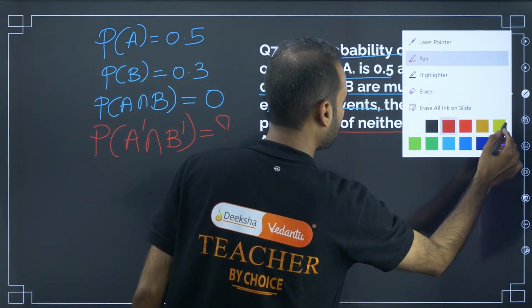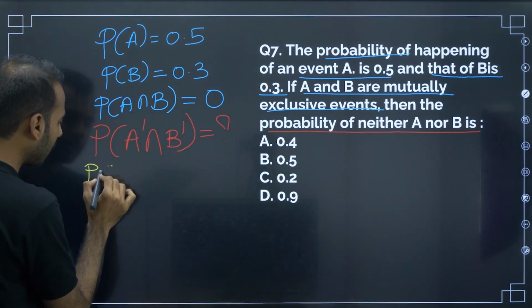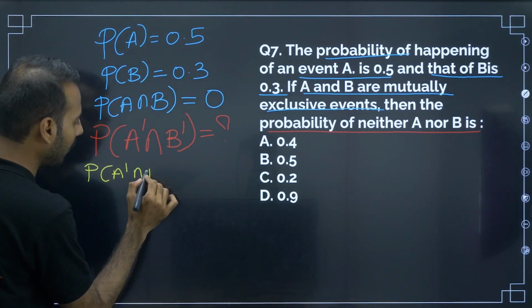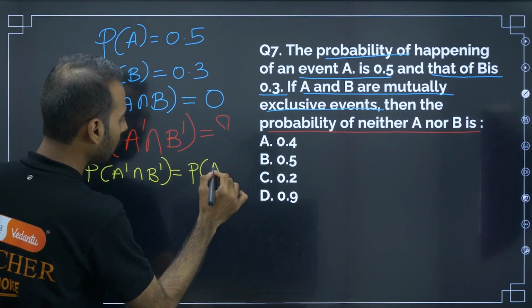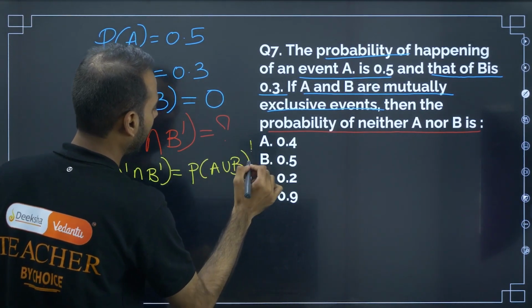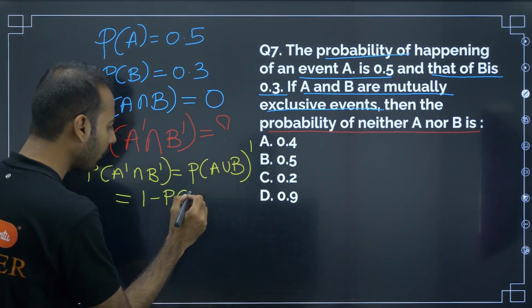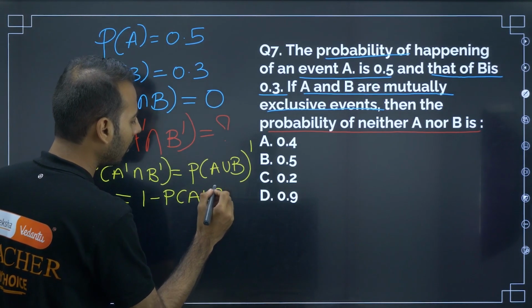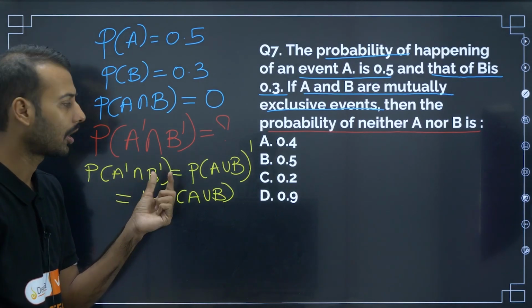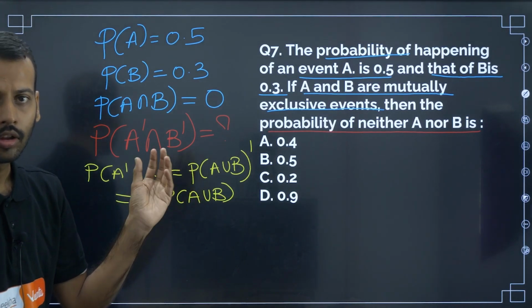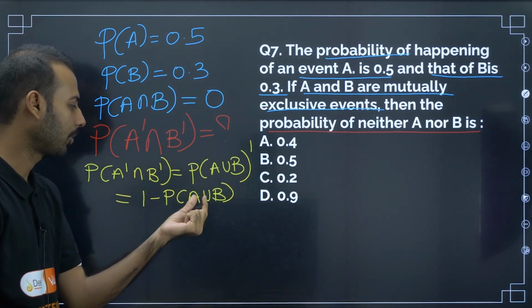Now some basic knowledge from the synopsis. P of A dash intersection B dash can be written as P of A union B dash, which is equal to 1 minus P of A union B. I am dragging all the knowledge from the synopsis.